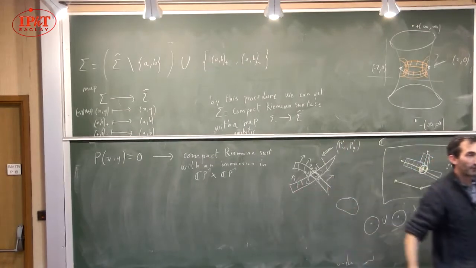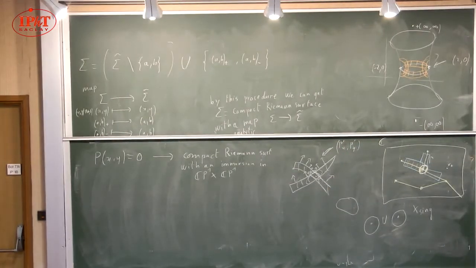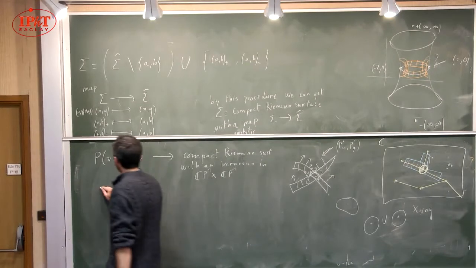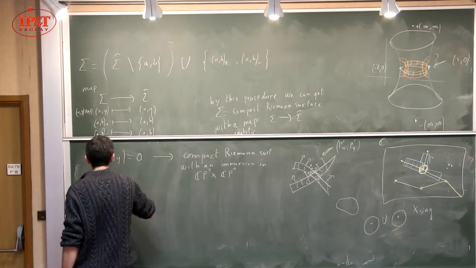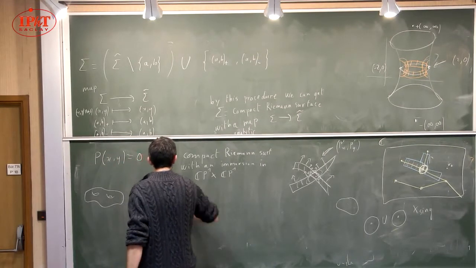It equals to infinity. So somehow we have an abstract Riemann surface, and we send it in C cross C.